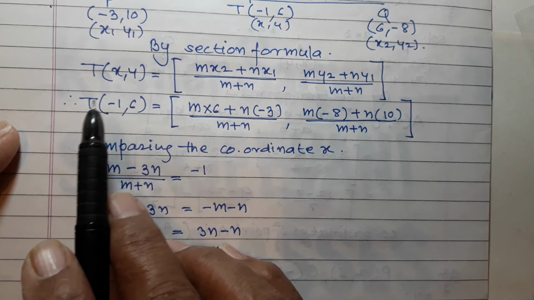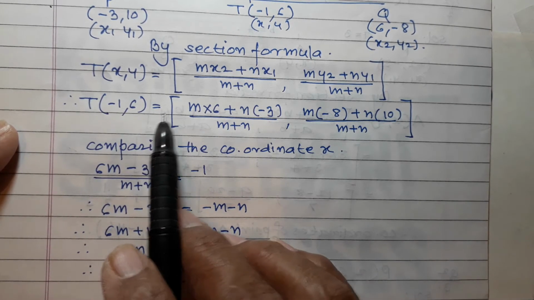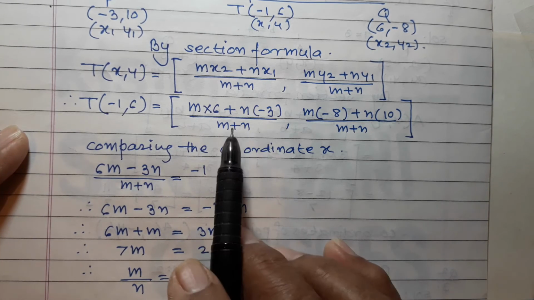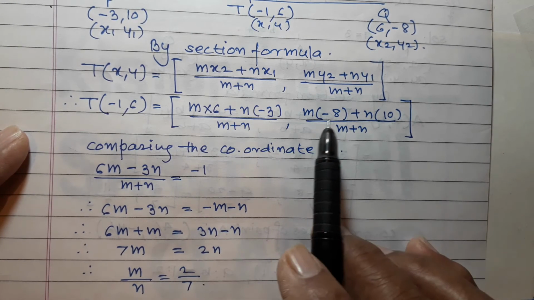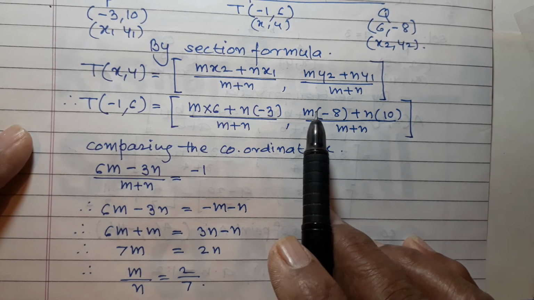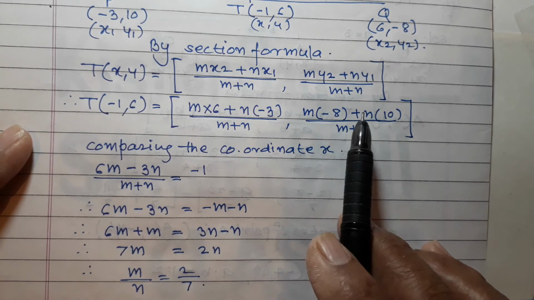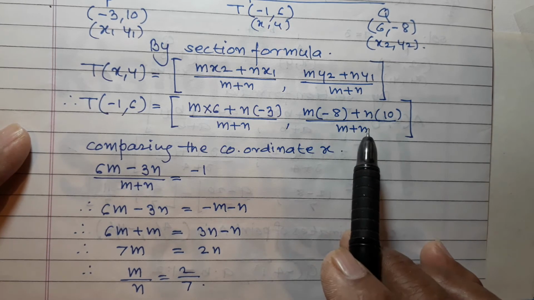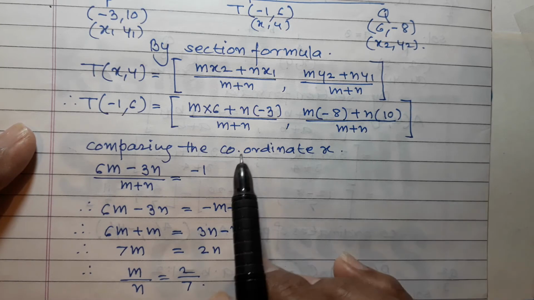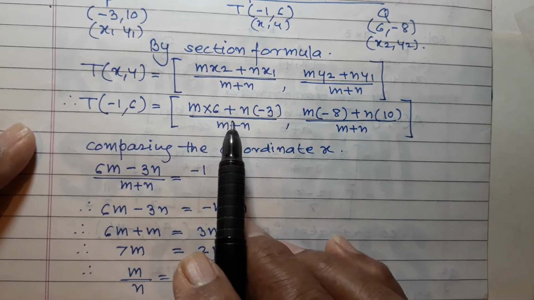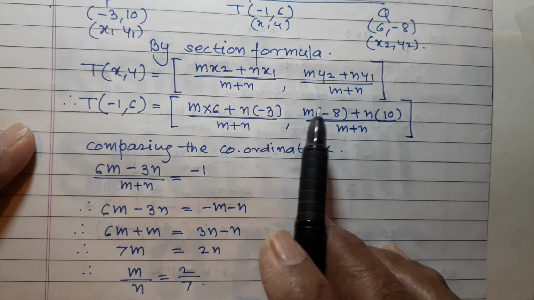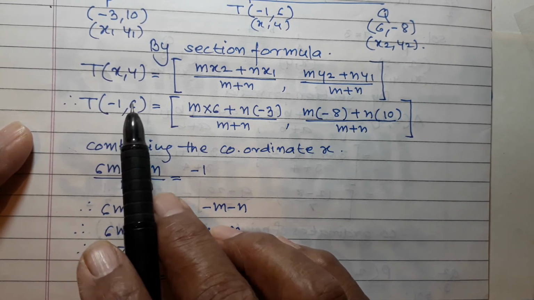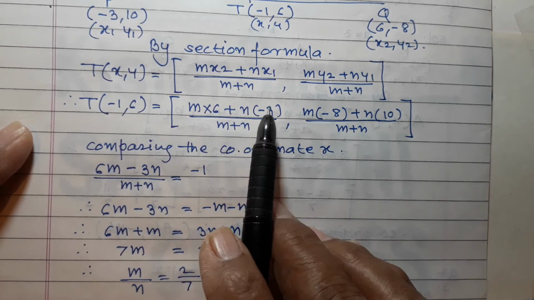So T (-1, 6) = (m into 6 plus n into -3 upon m plus n, and the y coordinate m into (-8) plus n into 10 upon m plus n). Then this is the coordinates of point T and this is also the coordinates of point T. So you compare one of the coordinates.